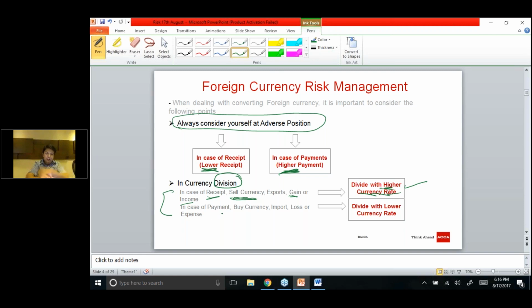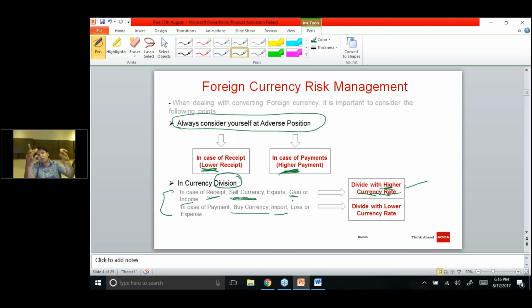In case of payment, you are paying something, you are paying in foreign currency. Buy currency, because whenever you buy foreign currency, the purpose is that you are going to pay it. Import, let's suppose you have imported this pen from international market, and in order to settle this transaction, you have to pay in foreign currency.